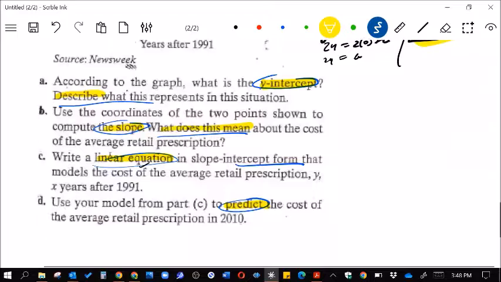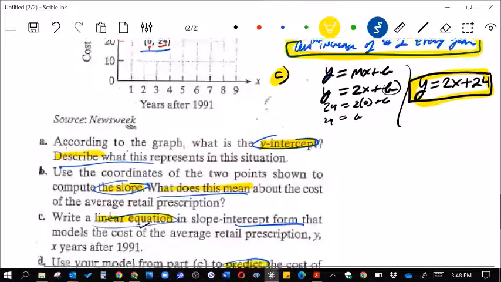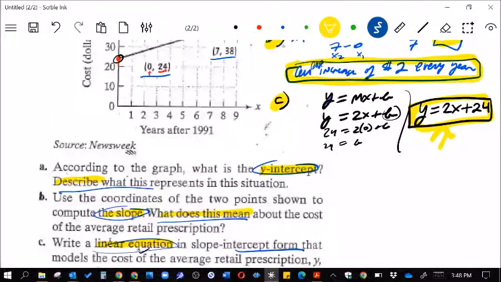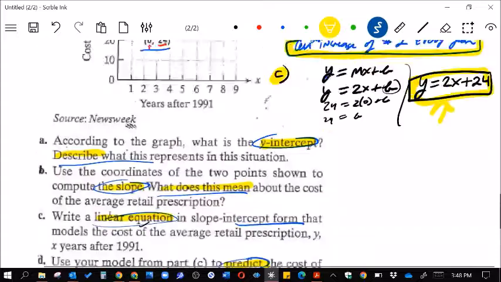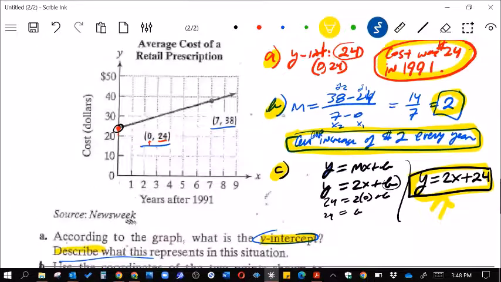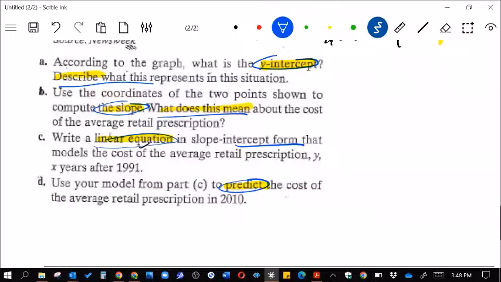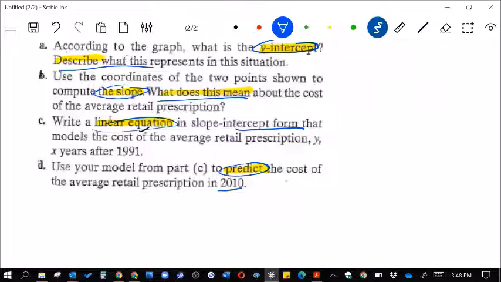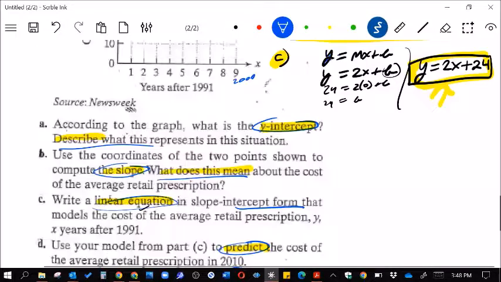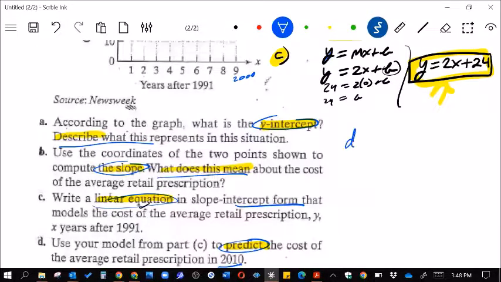Now, using your model, the model is the equation. Using that model, predict the cost. Now, this was set up so that it ended in the year 2000. At that point, 2010 was 10 years away. So let's figure out what it would be. For D, y equals 2x plus 24.